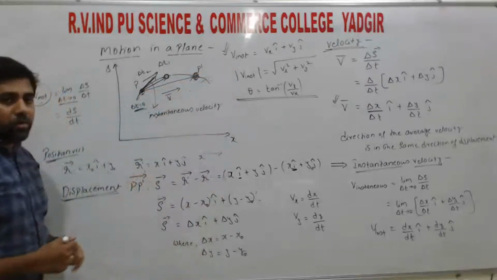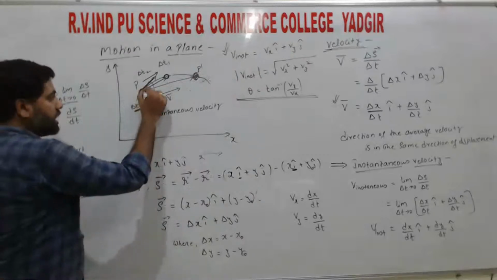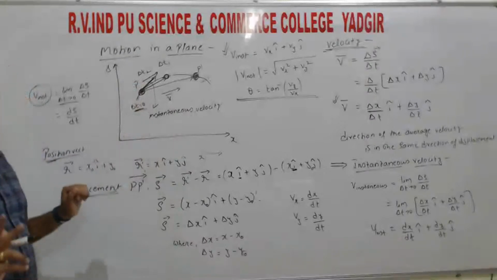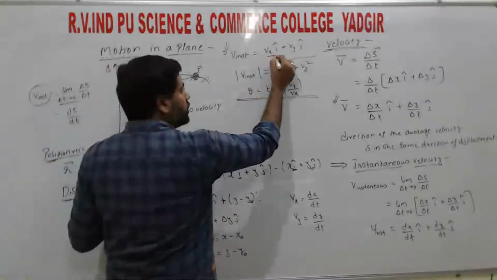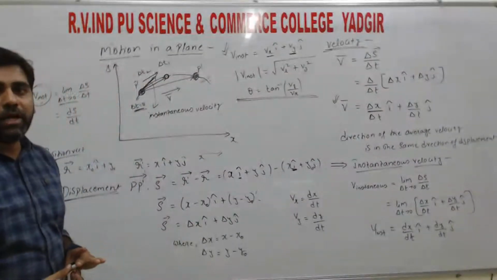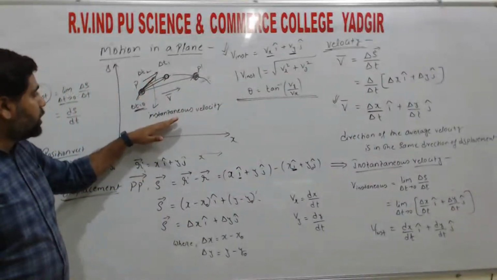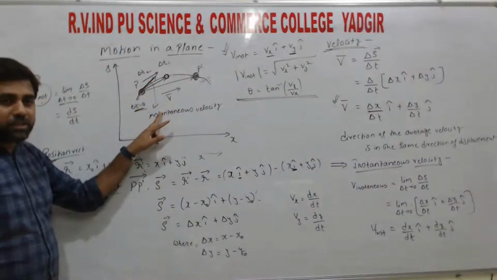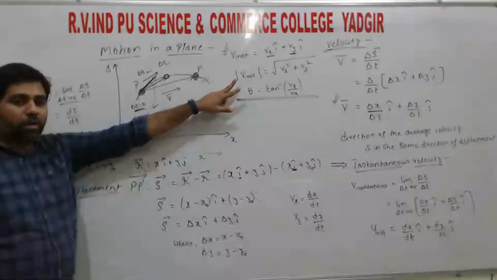So what can we understand from this? If an object is traveling in two dimensions, that particle has two velocities: one is the velocity along the x-axis and the other is the velocity along the y-axis, right? So it covers displacement in both the x-axis and y-axis. That means it has two displacements, then two velocities.